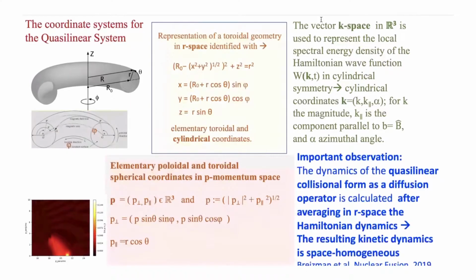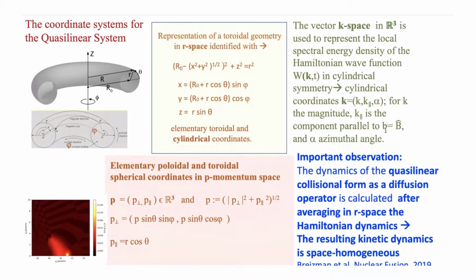And so the k-space vector used to represent the spectral energy density of a Hamiltonian wave function in cylindrical symmetry also decomposes into k for the magnitude and k parallel, and k parallel is the parallel component in the direction of the renormalized field, here renormalizing the parallel component of the field.